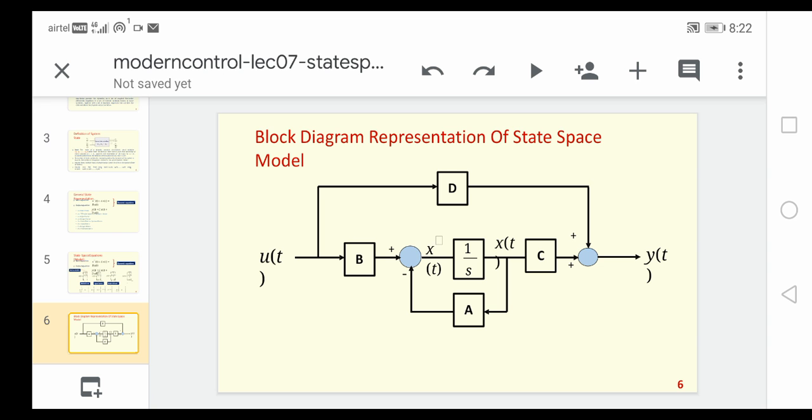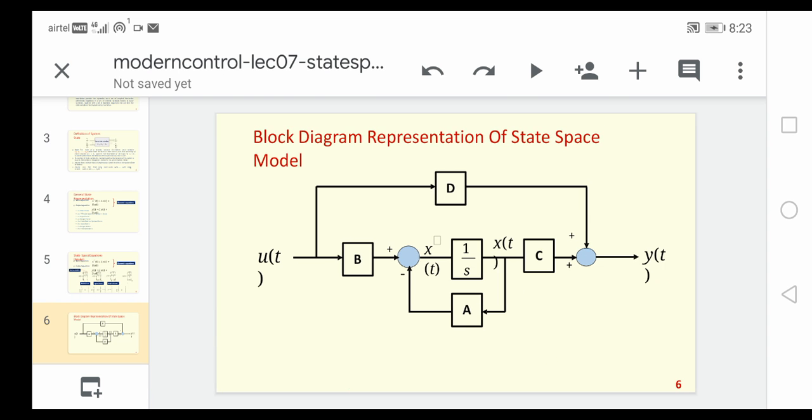Here the input is b into u of t, and a into x of t. The output of x of t is a into x of t plus b into u of t. And similarly, y of t is c into x of t plus d into u of t. That is the block diagram representation of the state equations.